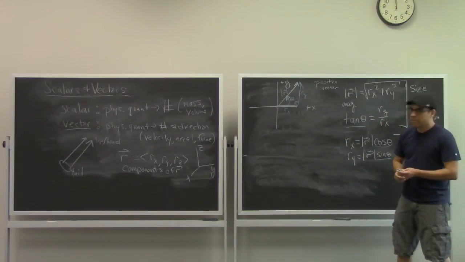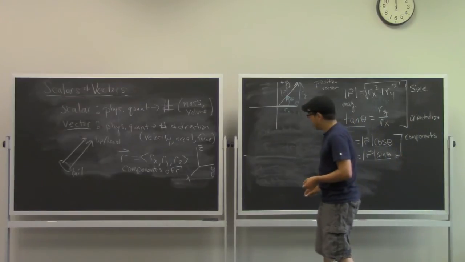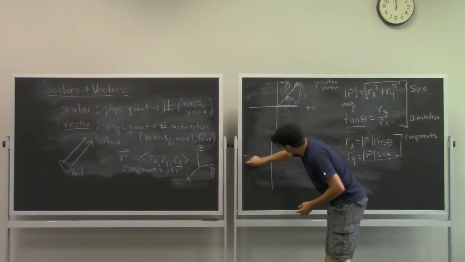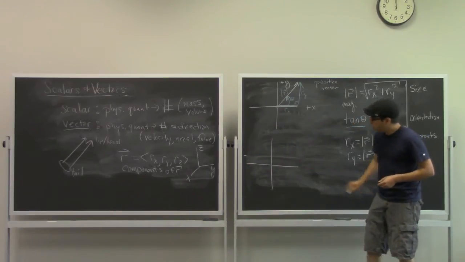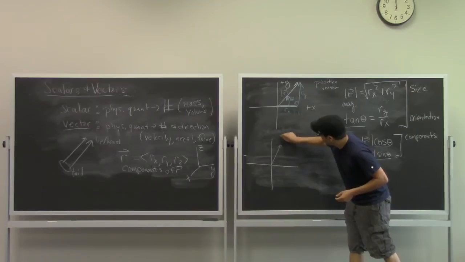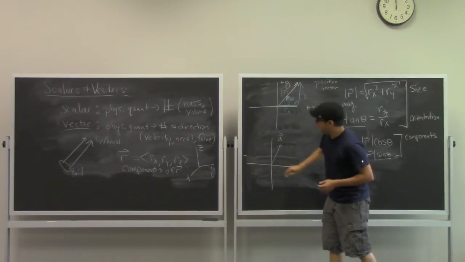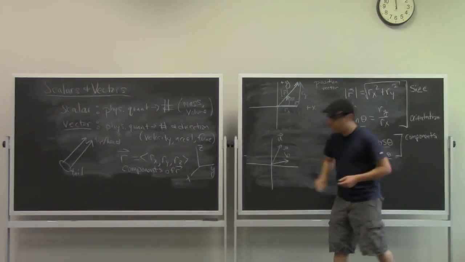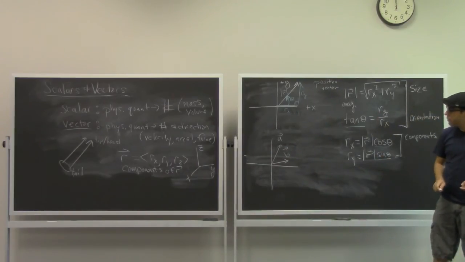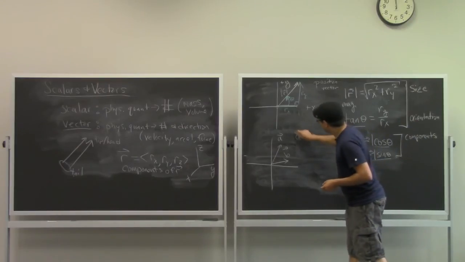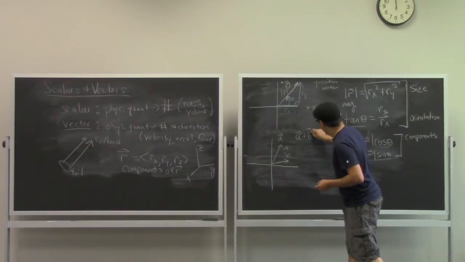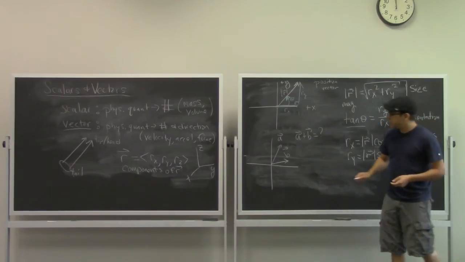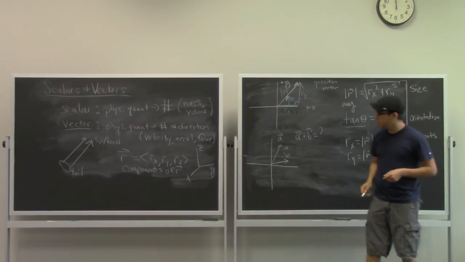All right, one last thing we're going to do is add some vectors together. And the first thing we're going to do is do it graphically. So we'll draw another xy axis. We're going to take some vector A and some vector B, and we're going to talk about how we add those together. So we'll use the so-called tip-to-tail method, which is why we introduced the idea of the tip and the tail.